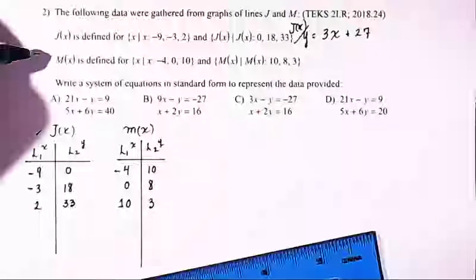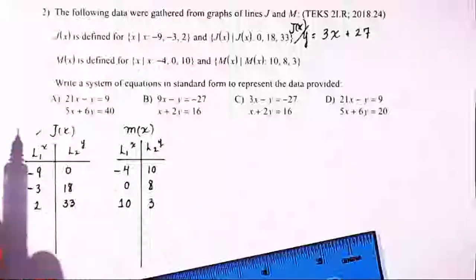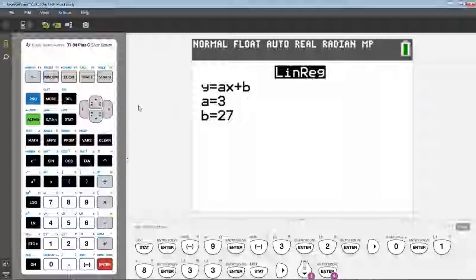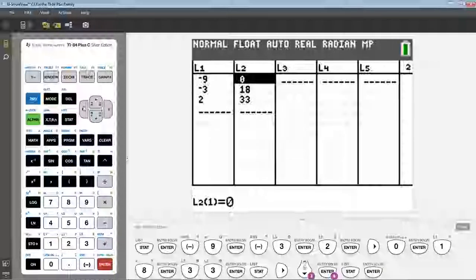And now we'll do the same thing for m of x. So here, now we're focused on this data here. Let's go back to our graphing calculator and click on Stat, Edit, and we could clear the list or we could just replace the values.